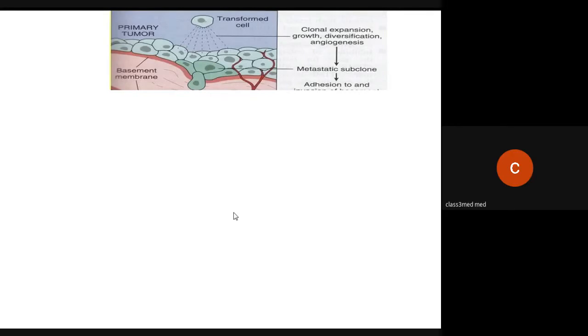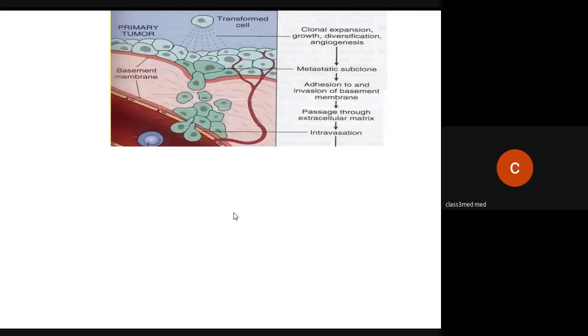Okay? And after destroying the basement membrane, it should be able to destroy the extracellular matrix in the subepithelial tissue. And then it should be able to travel, to migrate, to move in order to reach the blood vessel or lymphatic vessel. The vessel is not sitting there, so it must walk to reach it.